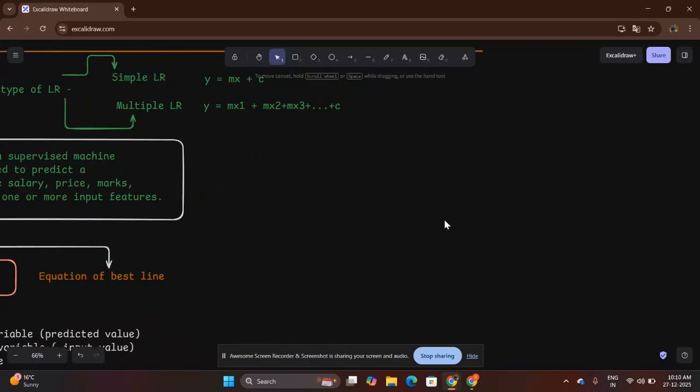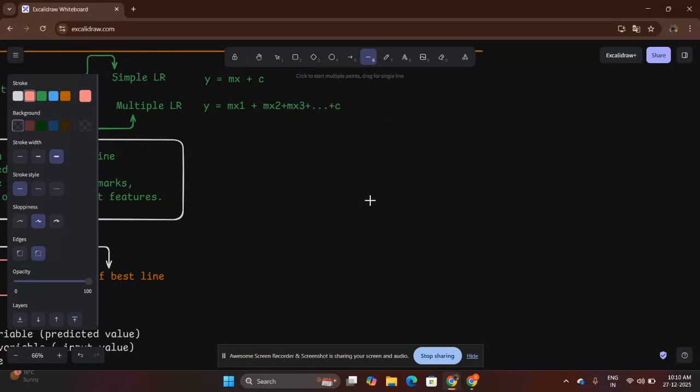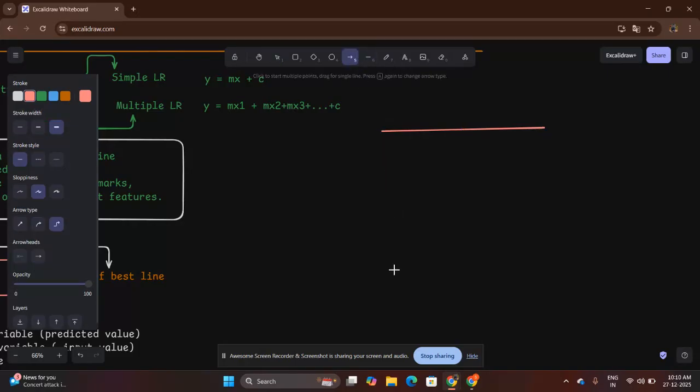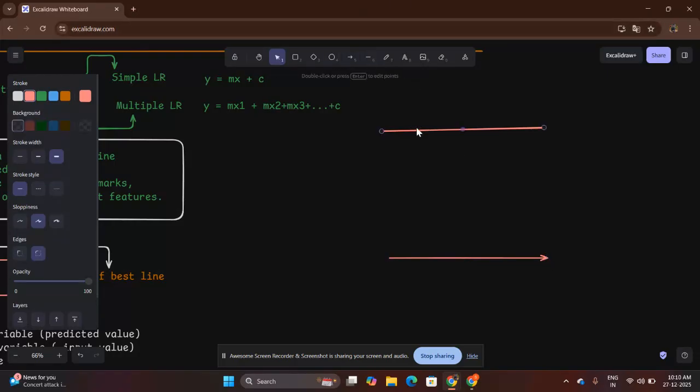Let's take one simple example. I'm drawing a table.